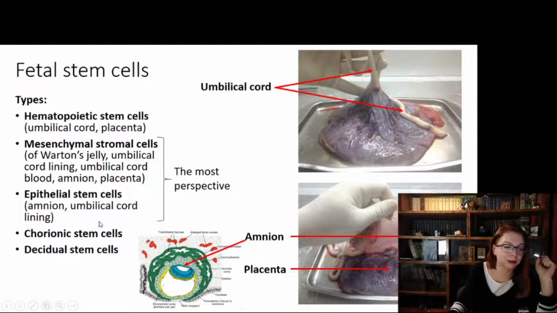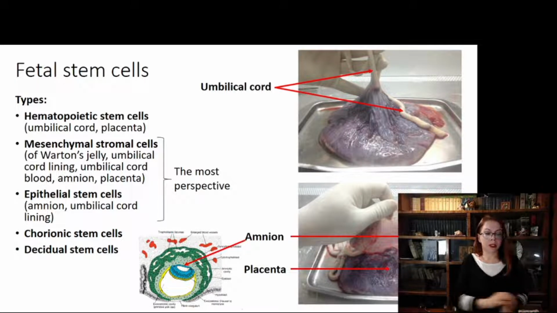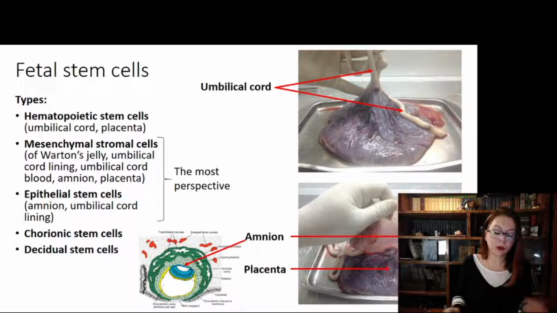But they are very prospective, and research in this field is very promising. Then chorionic stem cells also could be found in the chorion, and decidual stem cells could be found in the decidua, in the maternal part of placenta, but they are not so prospective as those mentioned above.